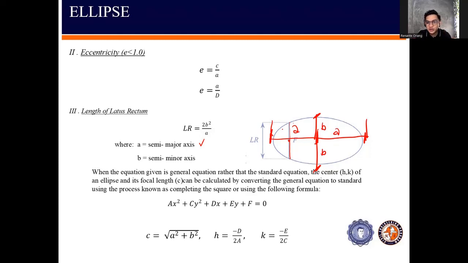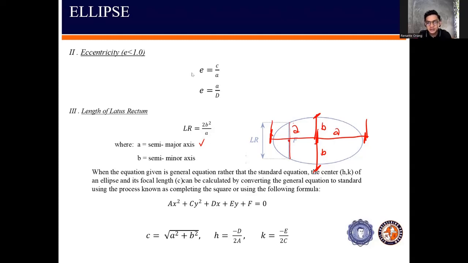When the equation given is a general equation rather than the standard equation, same as our circle and parabola, the center (h, k) of an ellipse and its focal length can be calculated by converting the general equation to a standard equation, again using completing the square.